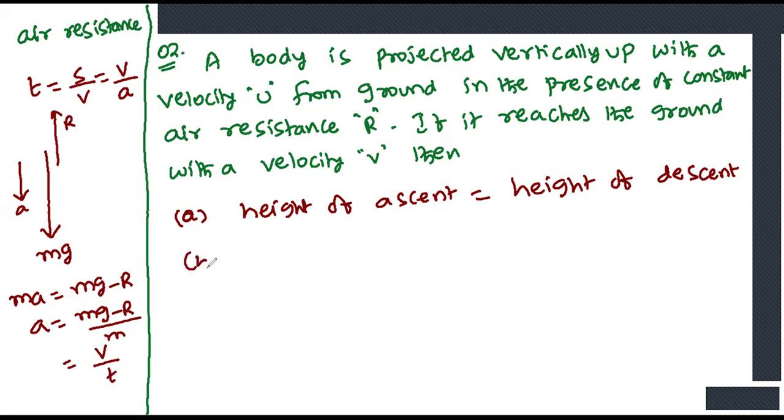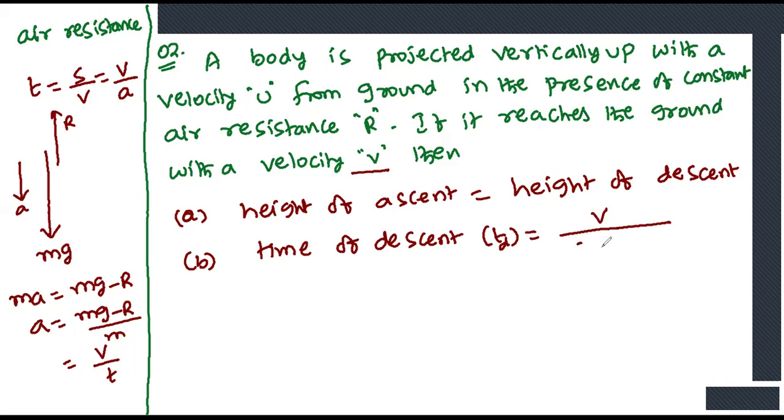So, time of descent, TD, is velocity by acceleration. Whenever it reaches ground, they give velocity v. So v by acceleration, that is mg minus r by m, which is nothing but mv by mg minus r.